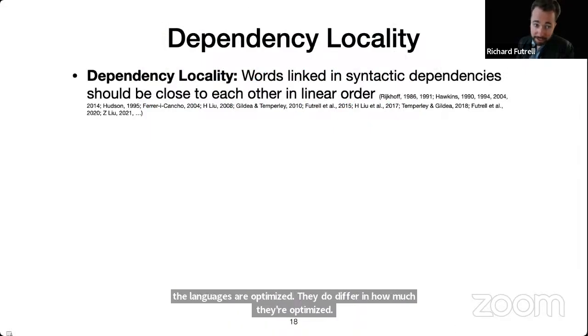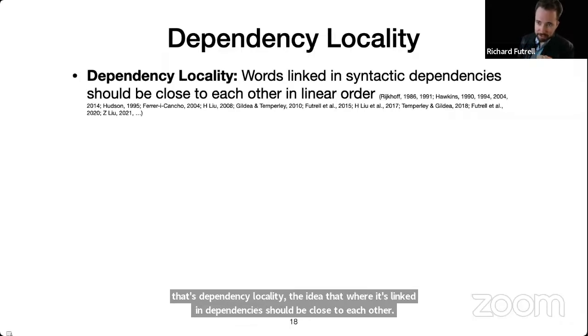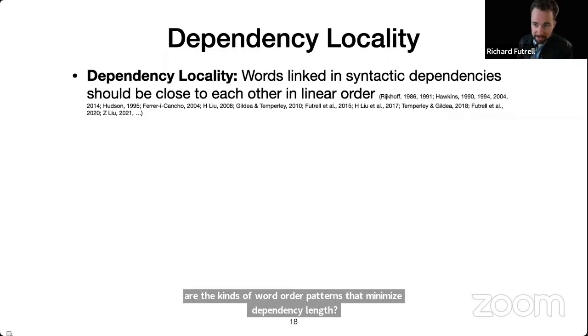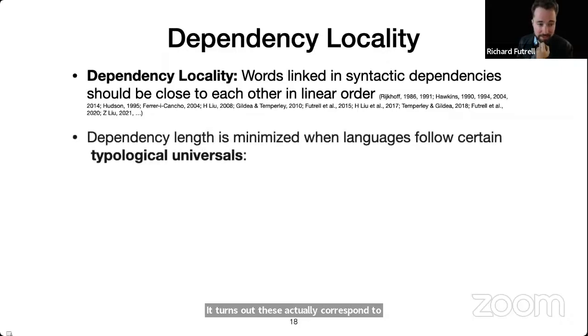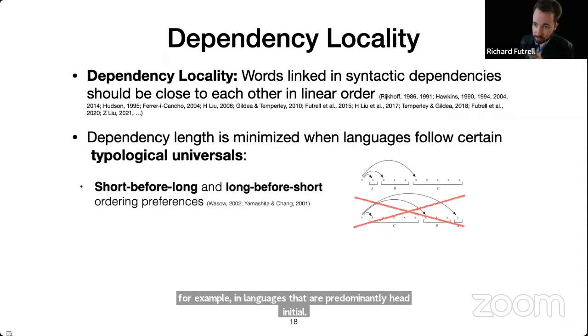So that's dependency locality, the idea that words linked in dependencies should be close to each other. How is it that languages actually accomplish this? What are the kinds of word order patterns that minimize dependency length? It turns out these actually correspond to well-known universals of word order across languages. So for example, in languages that are predominantly head initial, it's usual to put short constituents before long constituents.